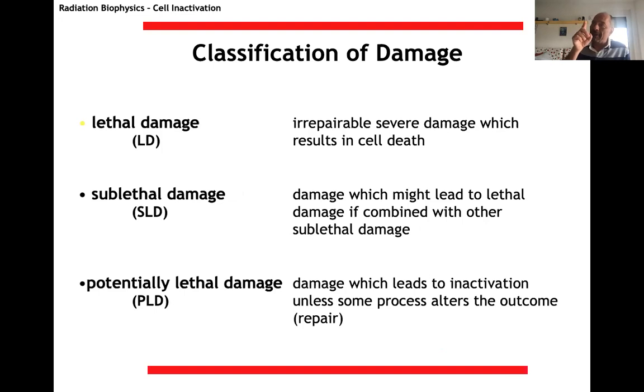And this is why you have this alpha D plus beta D squared, this intra-track and inter-track induction of sublethal events. And then you have potentially lethal damage. Even lethal damage can be potentially lethal, because it depends on the time of repair. If you wait enough time for repair, then you will have more survival.